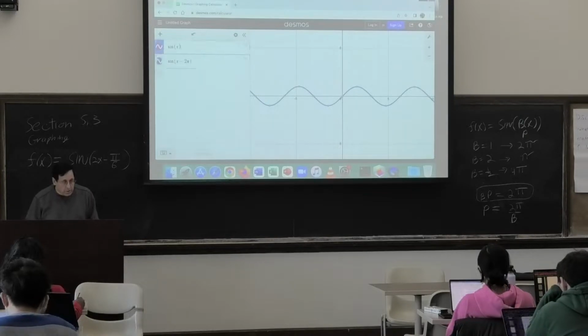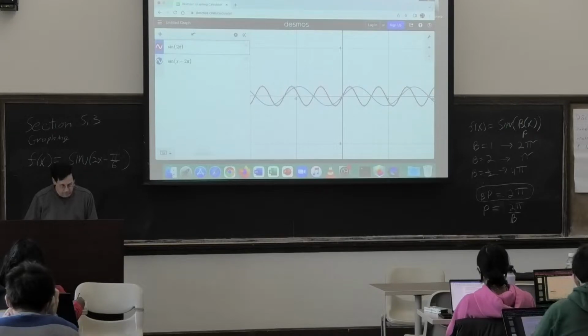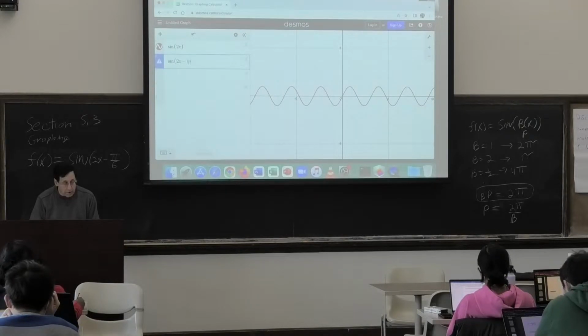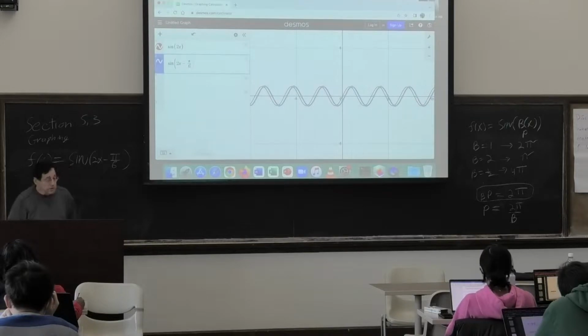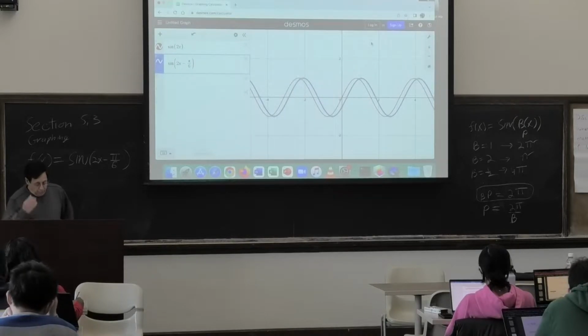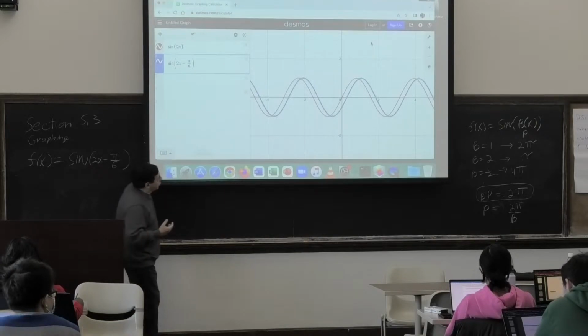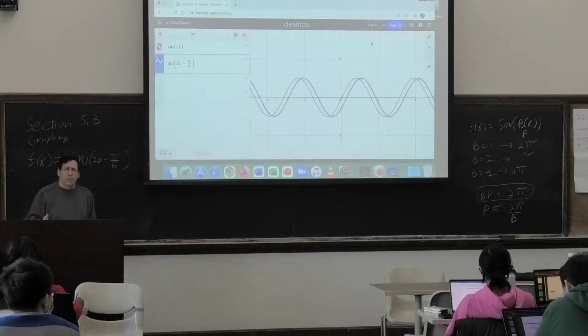2x and 2x minus pi over 6. So we're thinking we just move that over 30 degrees, which is pi over 6, about half.